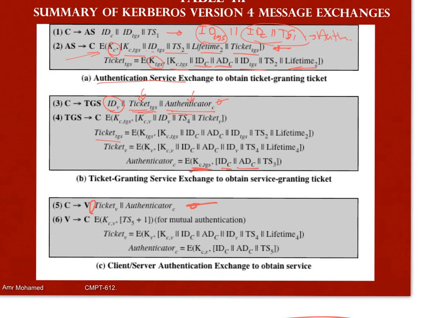So the first level is that I need to decrypt this message using my password. And if this message is decrypted, this ID TGS will match what's in the original message. For me, this is a type of authentication from me to the AS server. And vice versa. So it's like the server is authenticating me and I'm authenticating back the server.